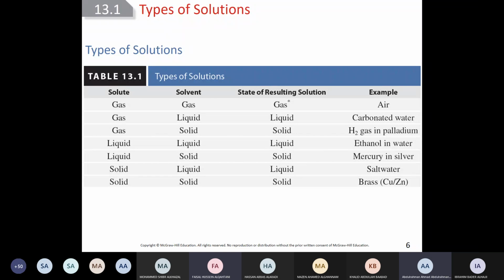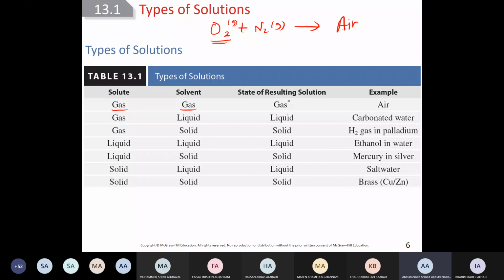You can dissolve gas in gas. Can we dissolve gas in gas? Yes. The air is mainly O2 gas and N2 gas, making a mixture. In this case, is the O2 the solvent or the solute?